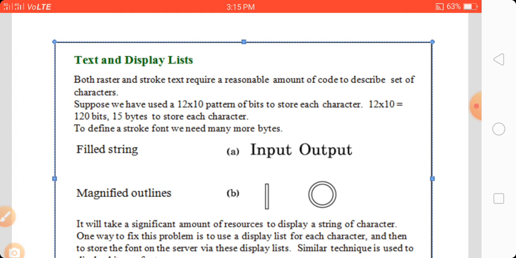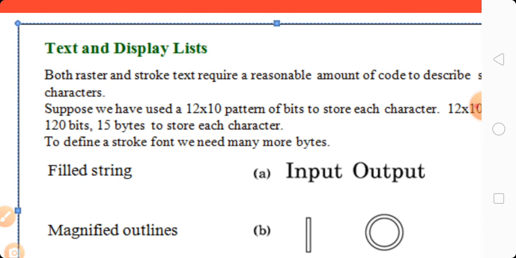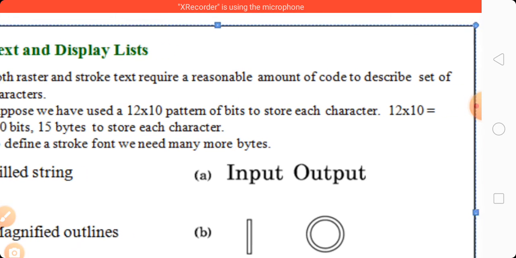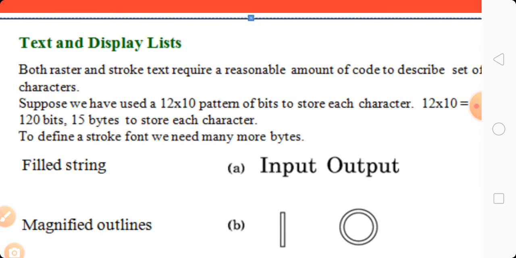So this is another method: text and display lists. Both raster and stroke text require a reasonable amount of code to describe a set of characters.